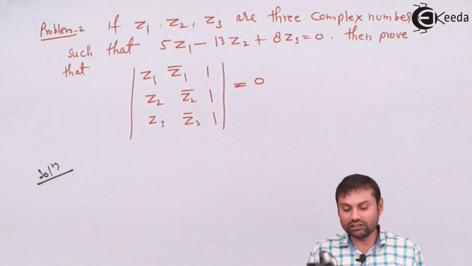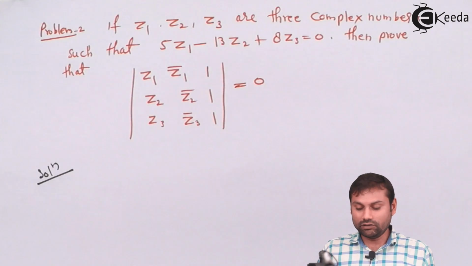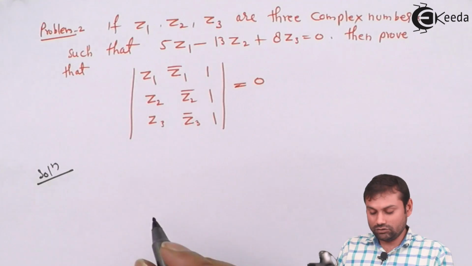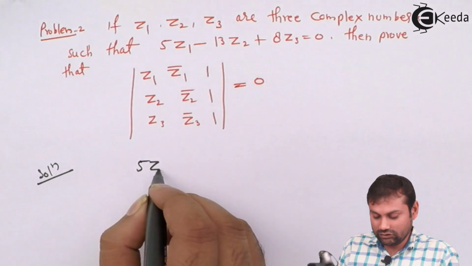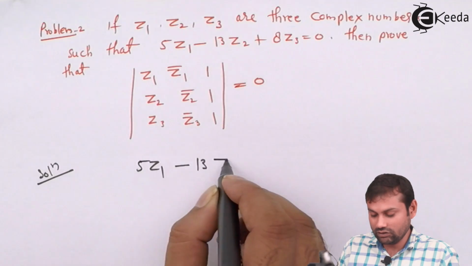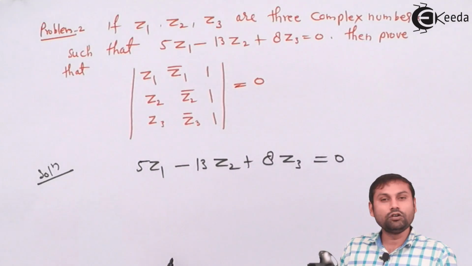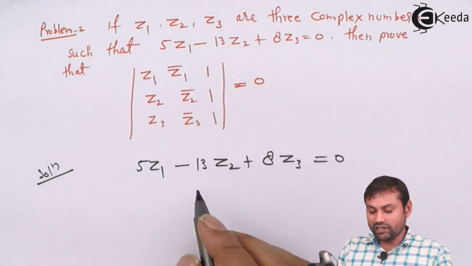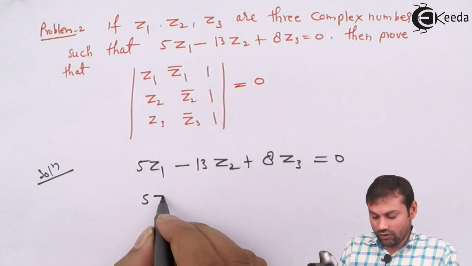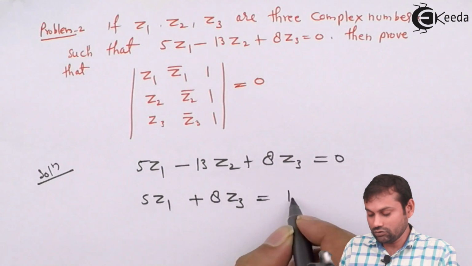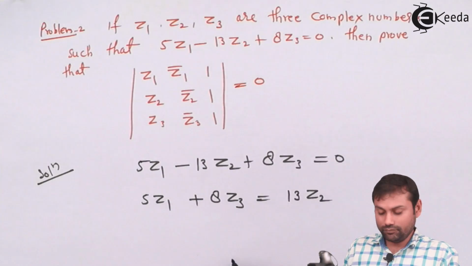Solution: they have given z1, z2, z3 are complex numbers such that they have provided this condition: 5z1 minus 13z2 plus 8z3 equals 0. Okay, so we can write this equation in the form of 5z1 plus 8z3 equals 13z2.